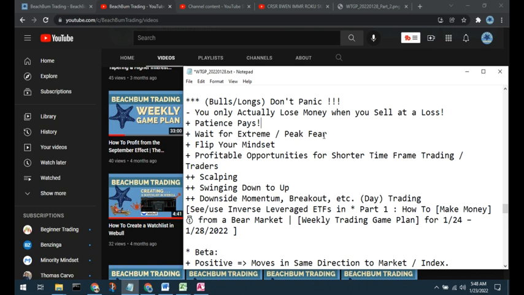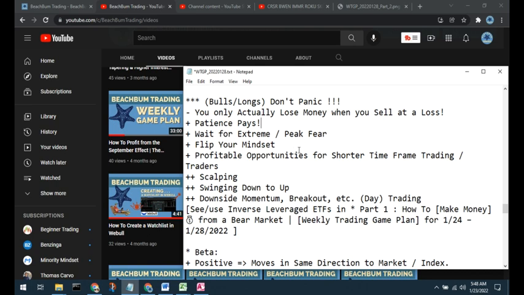We need to wait for that capitulation, that peak fear, that bottom. Nobody's going to know when that is. You're going to know after it happens because it's going to bottom. You're going to see that capitulation spike down at high volume, and then you're going to see a turn back up. How long that takes, nobody's going to be able to say until after it happens.